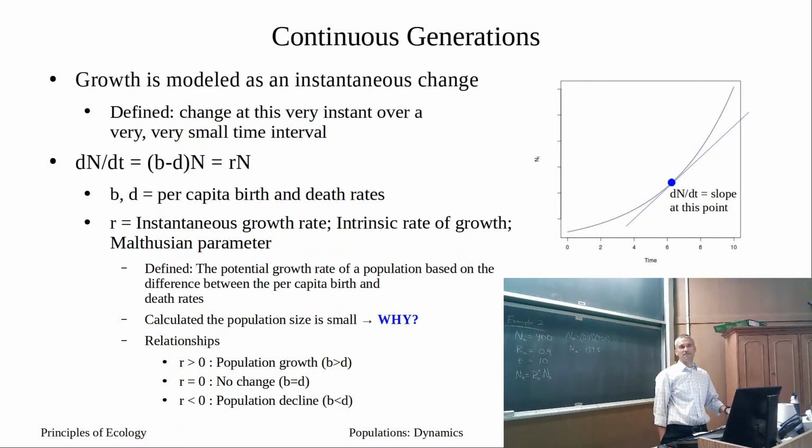I don't think we'll get to it on Friday. We might, but we'll talk about it. Why would we measure r when our population is small? What do you think? I'm saying we're going to try to measure r when we're down here. Why would we do that?